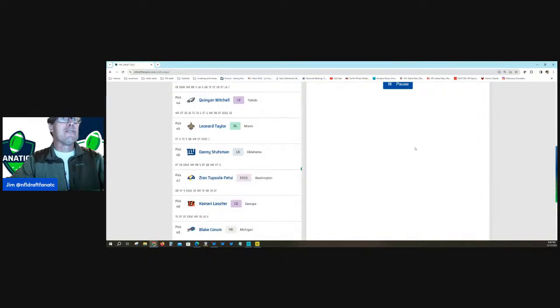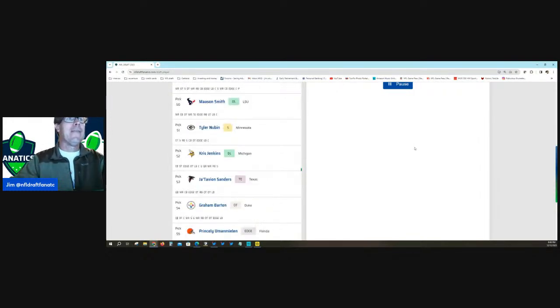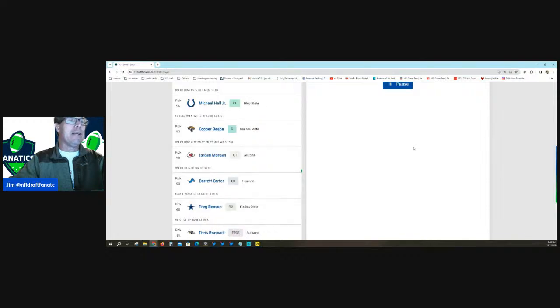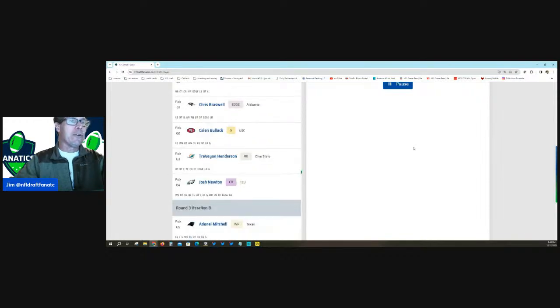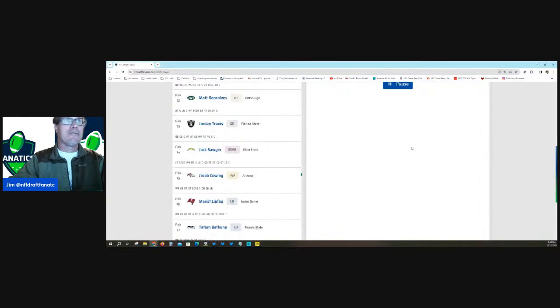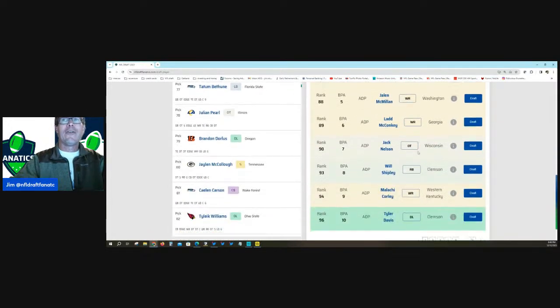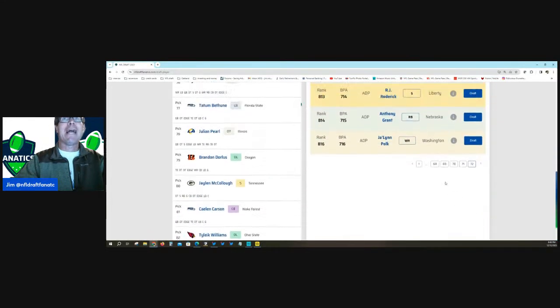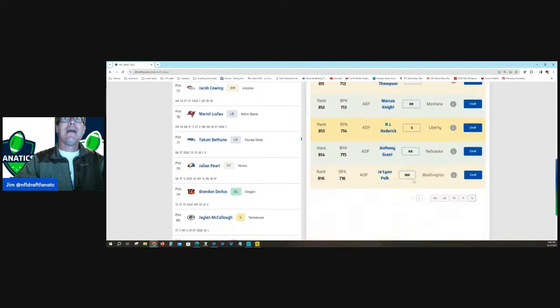Okay, so I took a defensive lineman with the second pick, and then I need to find a player with appropriate value for the third round. And I actually have a couple of ideas as to who I'm going to look for here. So one of the things I'm going to do is start at the back of the page, because the algorithm has things where you pick a player and it will subtract value from players.